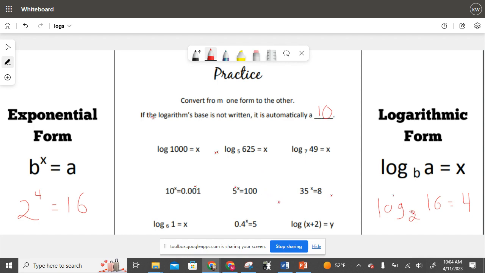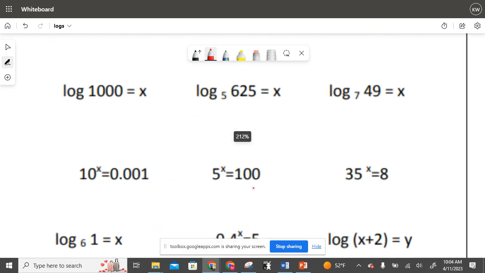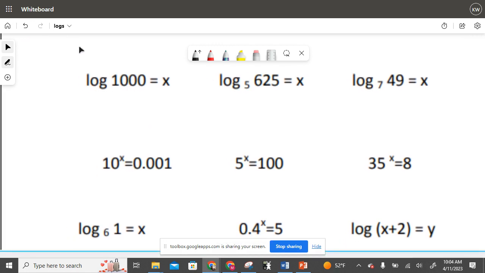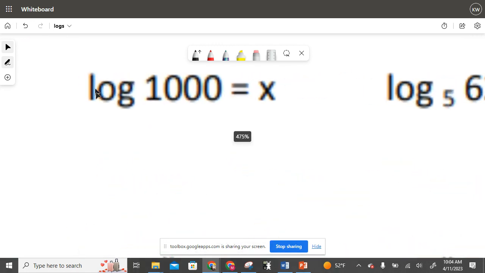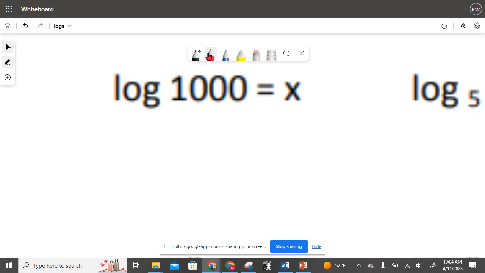Okay. Let's look at our first one. First one we got is the log of 1000 equals x. All right, first things first, I'm the realist, but I got to stop making that joke. Now this 1000, this is what we get after we take some number to the x power.